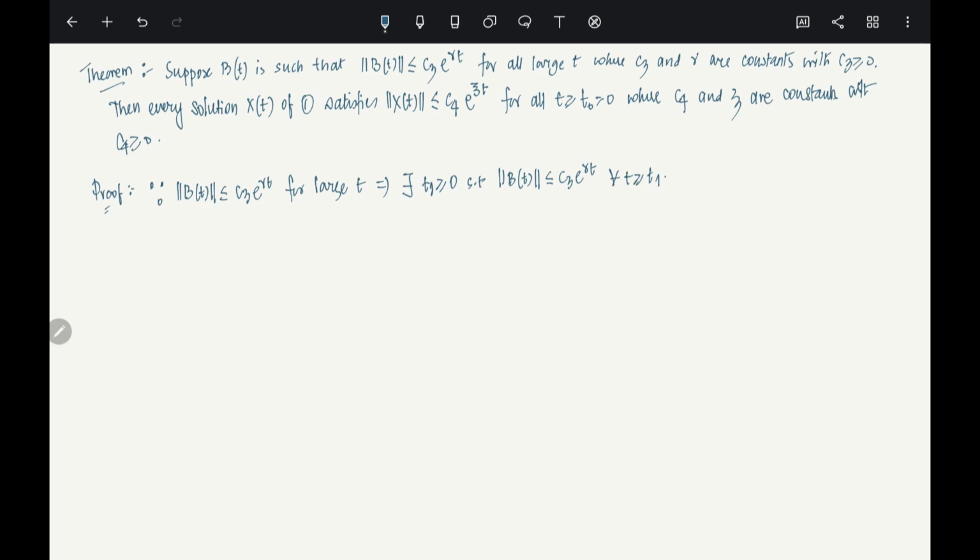For a large t this is true, so I just choose one threshold such that for all t beyond it the bound holds.